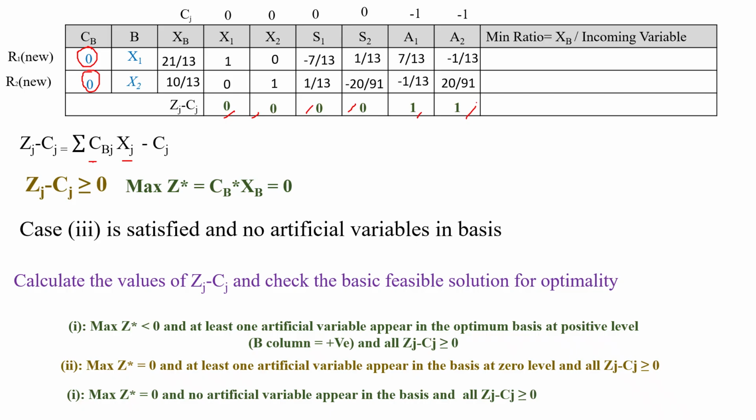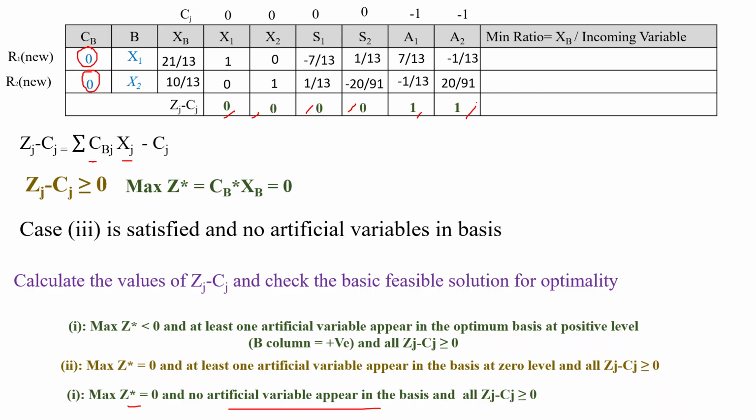So in the condition of ZJ minus CJ's, the third case is satisfied. Z star is 0, and no artificial variables appear in the basis. Moreover, all the ZJ minus CJ values are greater than or equal to 0. So we got the optimal solution.